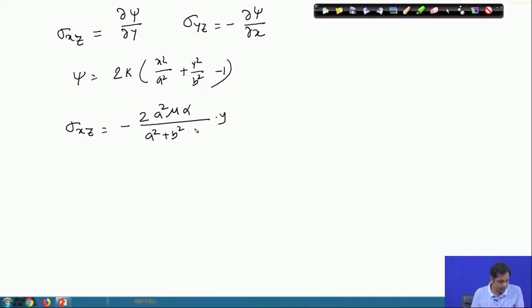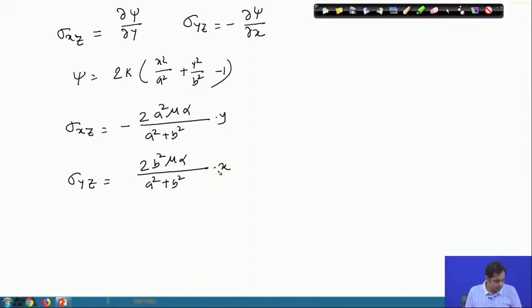And the other stress component, sigma yz, becomes 2 b square mu alpha divided by a square plus b square into x.